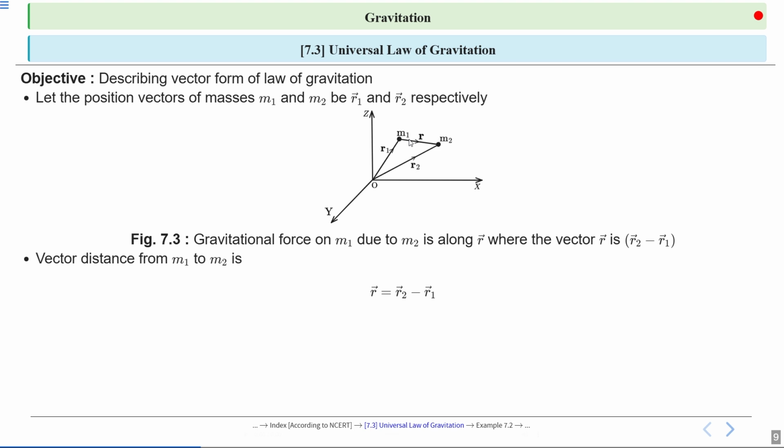Now we define the vector distance from m1 to m2 as r equal to r2 minus r1. Here r1 is the position vector showing the position of mass m1, and r2 is the position vector showing the position of mass m2. The difference is r: r vector is equal to r2 vector minus r1 vector.